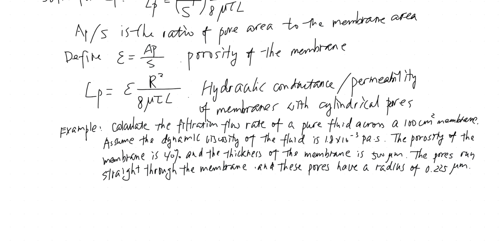The pressure drop applied across the membrane is 517 kilopascal. Okay, we need to find the Q.